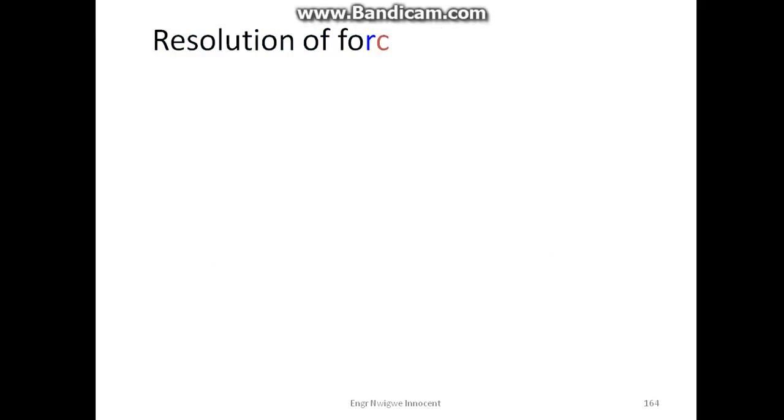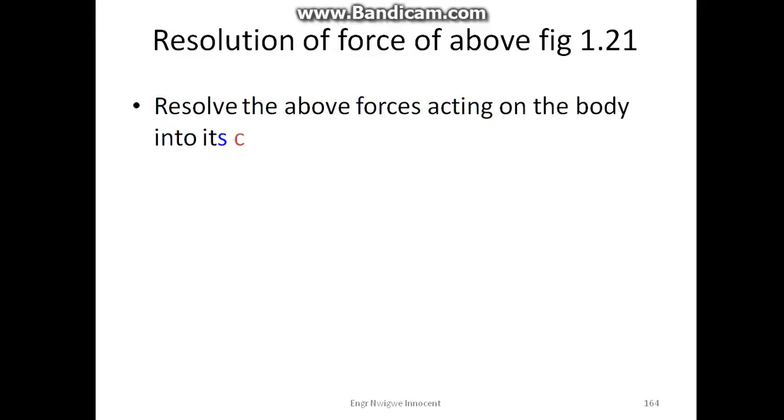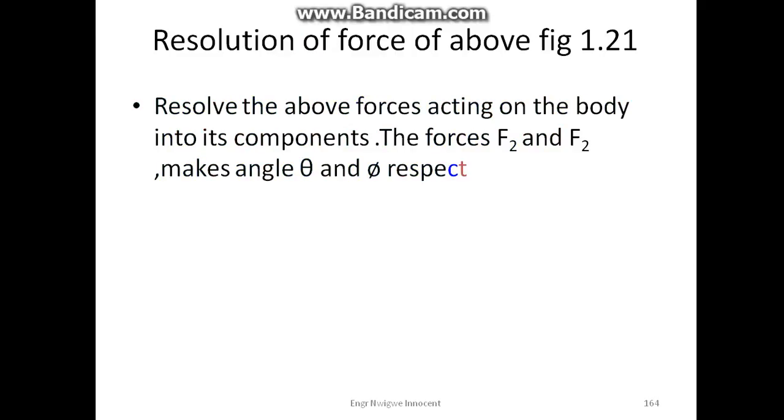Resolution of force of above figure 121. Resolve the forces acting on the body into their components. The forces F2 and F1 make angles phi and theta respectively with the horizontal.